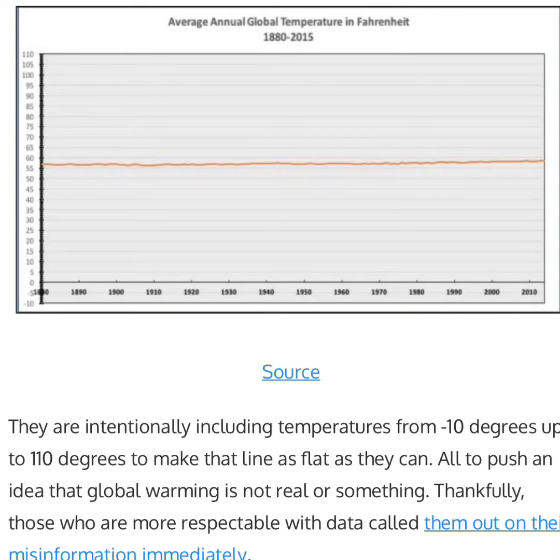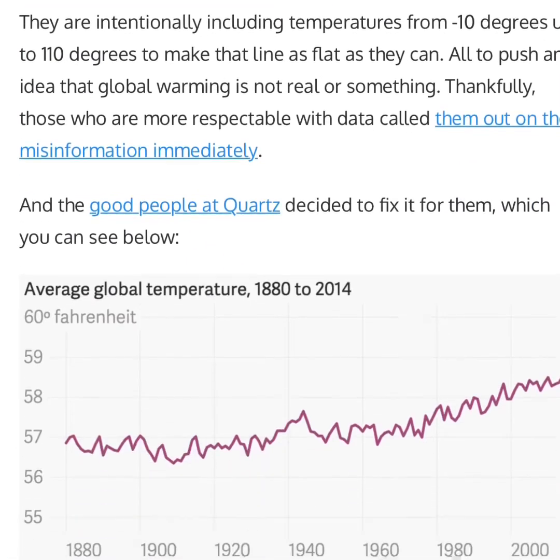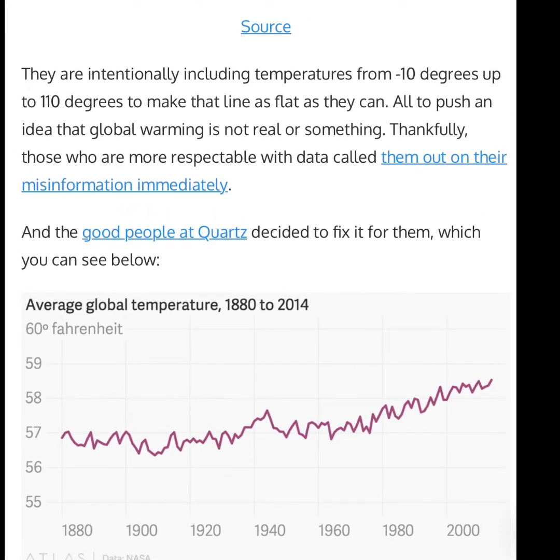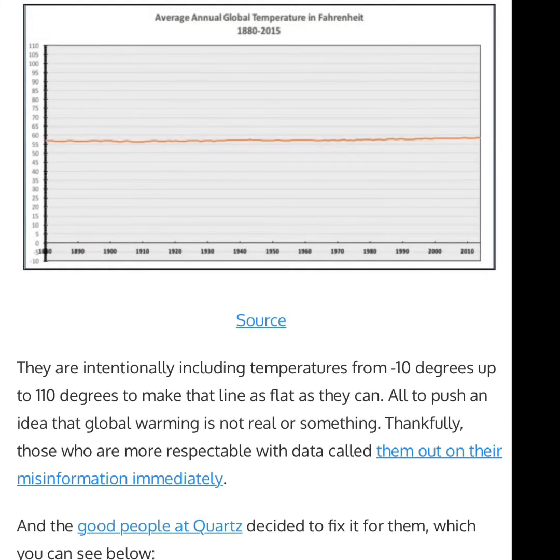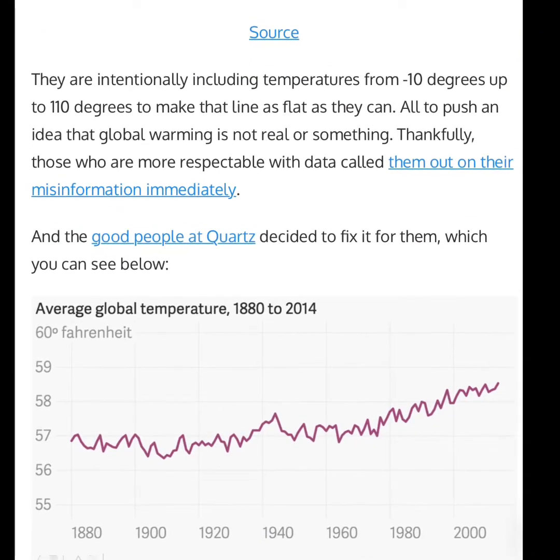You can probably see right away what makes this graph misleading, because if you look at a different graph with a different scale on the y-axis, you can see that it does go up. The trend line goes way up. If you look really closely at the first one, the trend line's going up, but it's certainly hard to see. And if you wanted to exaggerate the bottom one, you could even make it more.